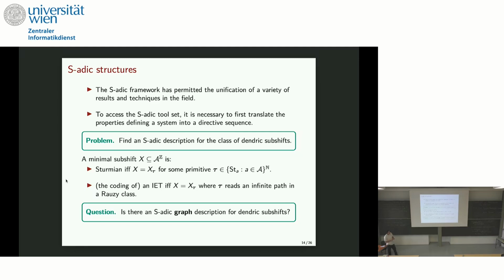We have these Rauzy graphs, directed graphs, in which we can use elementary substitutions as labels. And codings of IETs are precisely those subshifts that are generated by directive sequences that we can read from an infinite path in this graph. So in both cases, we have some kind of finite automaton generating everything. That's why the natural question here is whether we can find an S-adic graph description for dendric subshifts.